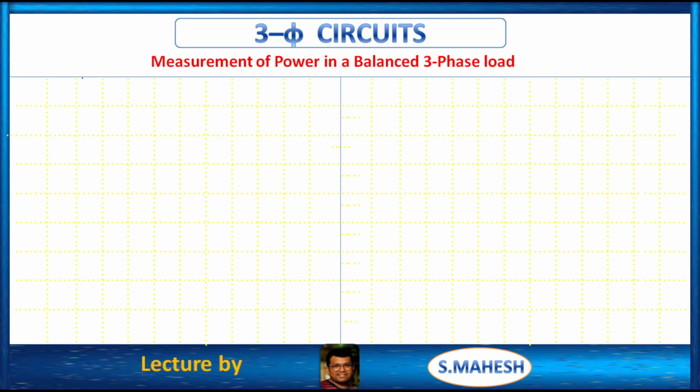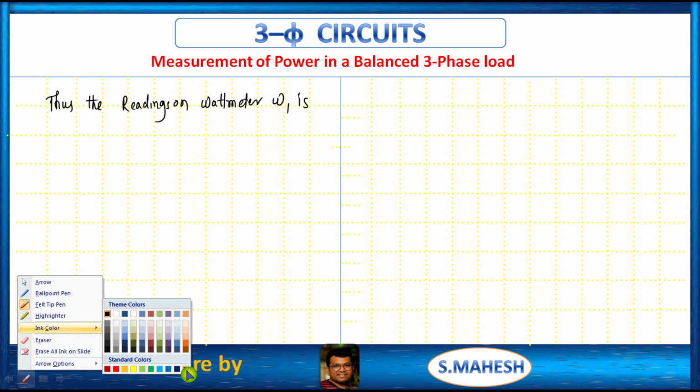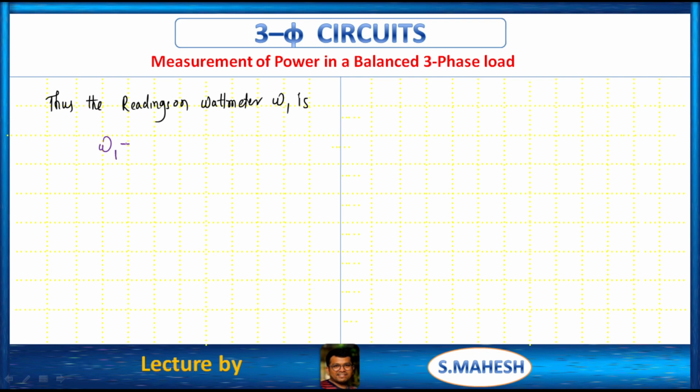Now we have to write, thus the readings on wattmeter 1, which is equal to, we all know that, Vry into IR cos of the angle between Vry and IR, right?